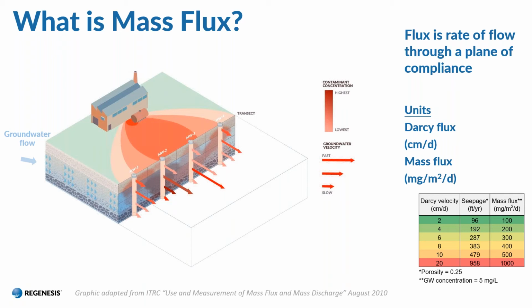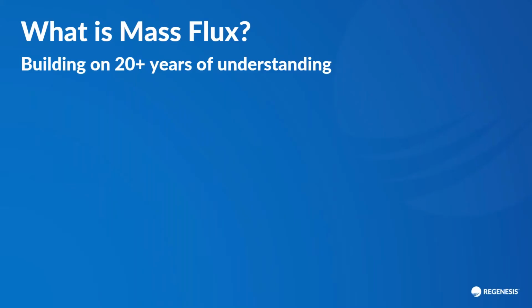We color code it so that we can follow in simple terms: is this fast or slow, is this a lot of mass flux or a little.